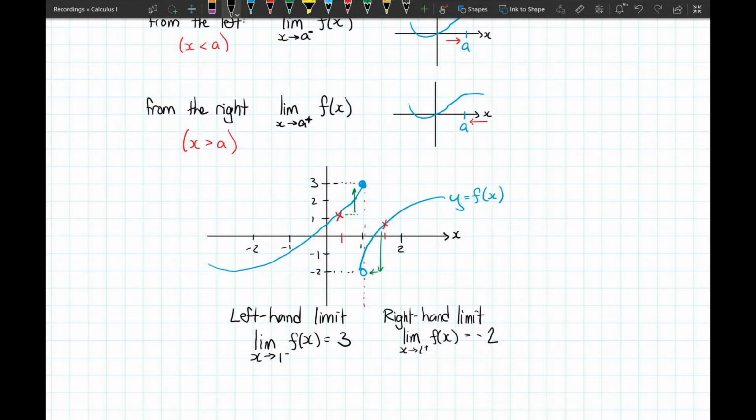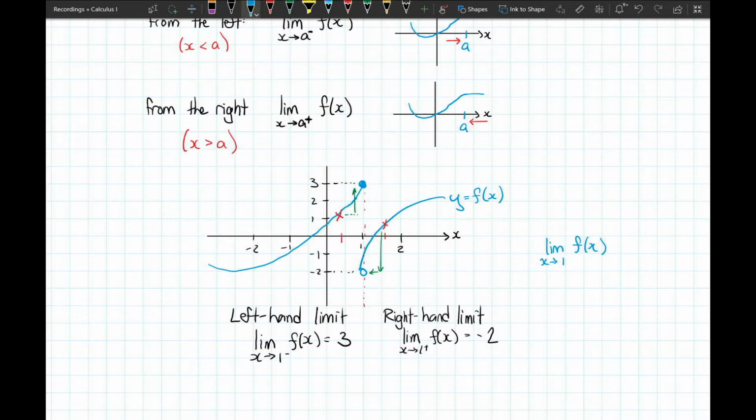Now, thinking back to a previous video where we looked at a function similar to this, the two sides seem to have different values, and overall, we would have to say that the limit as x approaches 1 from both sides can't equal either of those values. If we tried to say that this limit was equal to 3, then we couldn't get arbitrarily close to 3 by choosing values nearby 1 from the right-hand side.